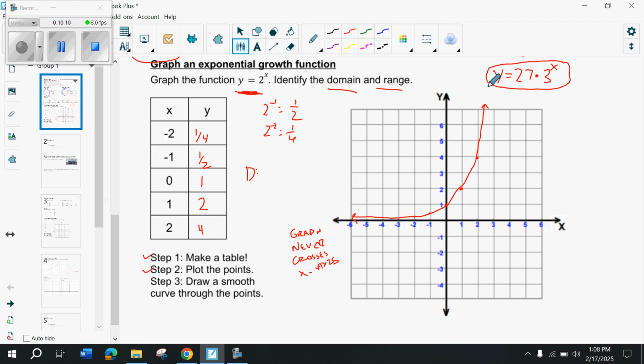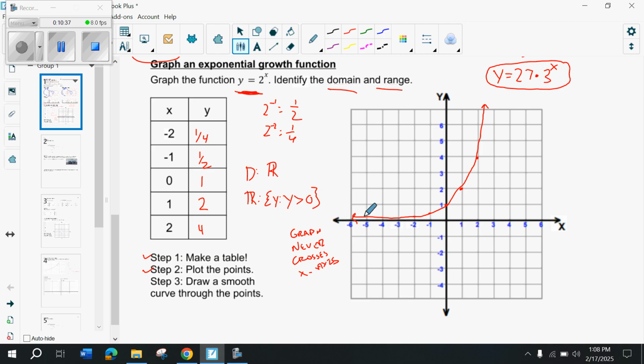And yes, it goes on forever up, but it's also going out. So I know my domain is going to be all real numbers. Whereas my range is going to be the set of all y such that y is greater than 0, because it can't be anything negative, and it can go on forever up there.